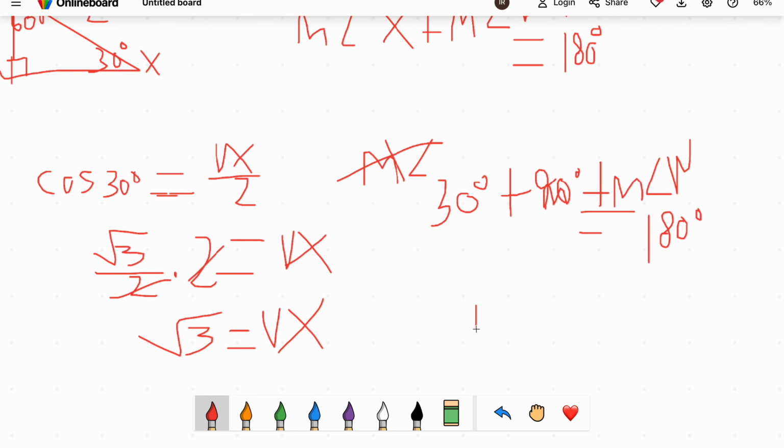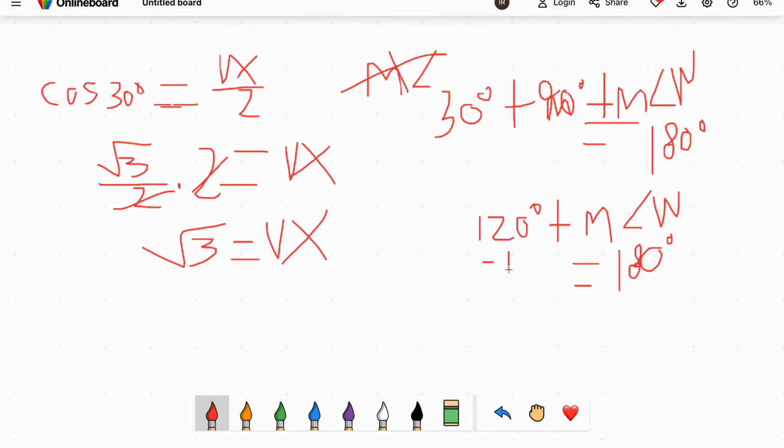That's 120 degrees plus angle W is equal to 180 degrees. So now we subtract 120 degrees from both sides. Minus 120 degrees, and 60 degrees is angle W.